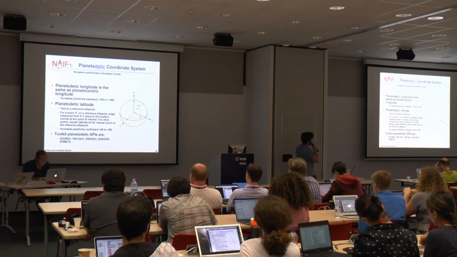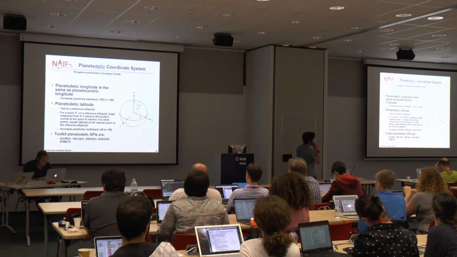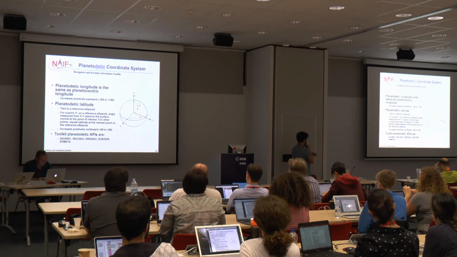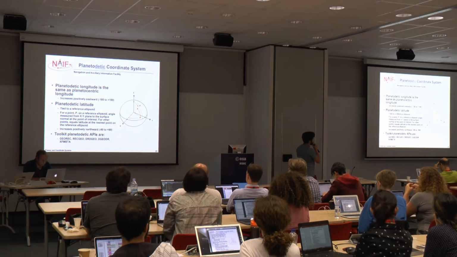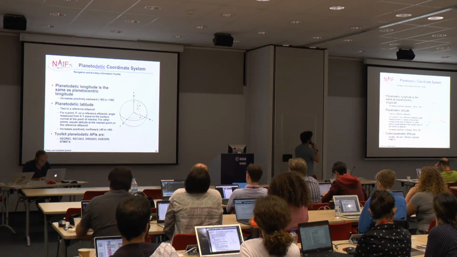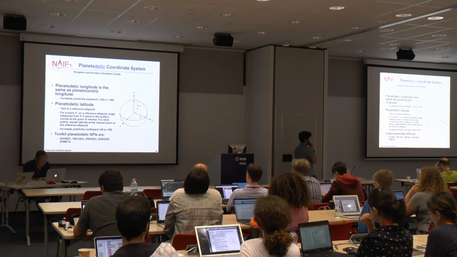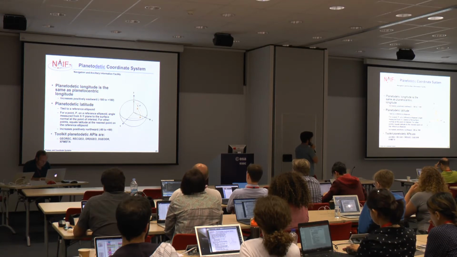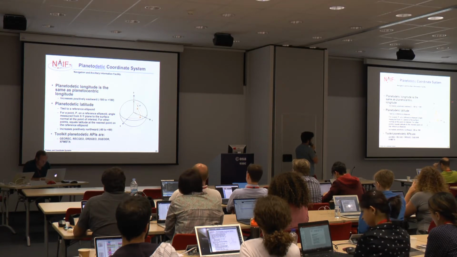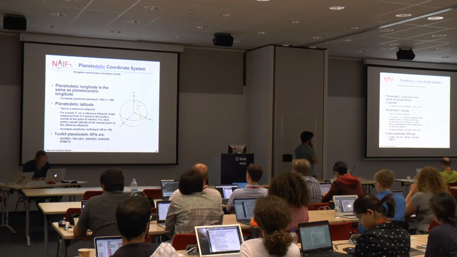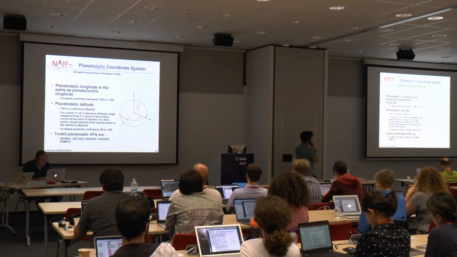In this case, the longitude is the same as for the planetocentric, so positively eastward from minus 180 to plus 180. But in this case, the latitude is tied to a reference ellipsoid. Basically, for a given point on the reference ellipsoid, it is the angle measured from the xy plane to the surface normal at the point of interest.